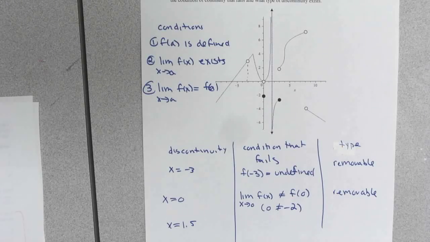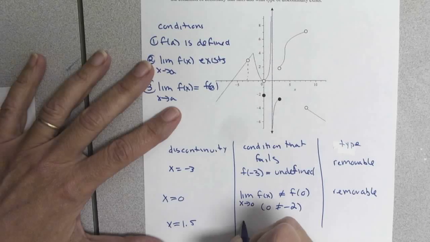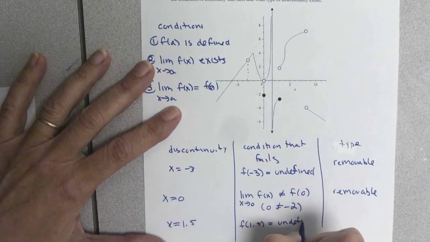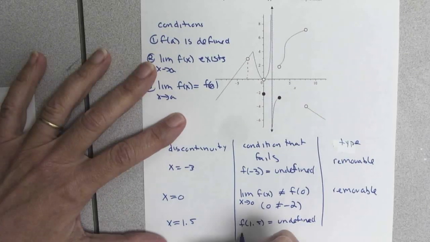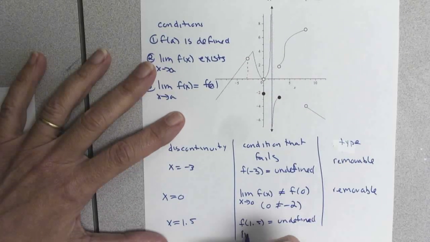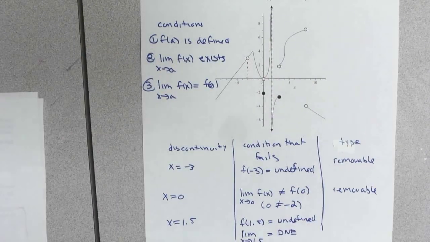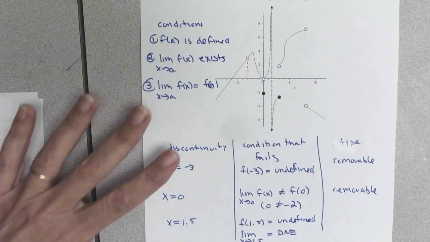In fact, all 3 of them fail. f of 1.5 is undefined. The limit as x goes to 1.5 does not exist. And so automatically condition number 3 too.